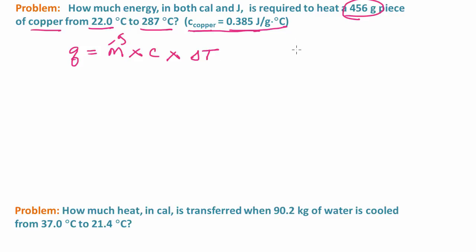We have delta T, which is the final temperature, so it's heated to 287 degrees Celsius, and subtract from that the initial temperature of 22 degrees Celsius. So delta T is equal to 265 degrees Celsius.